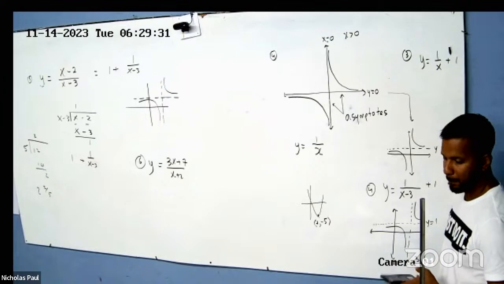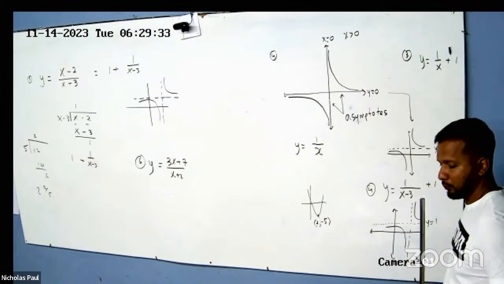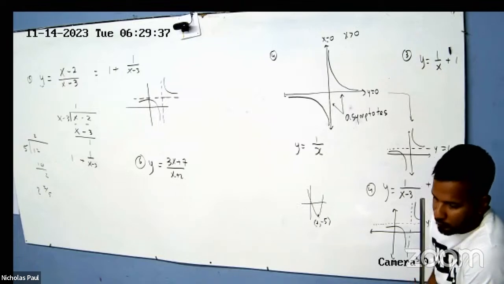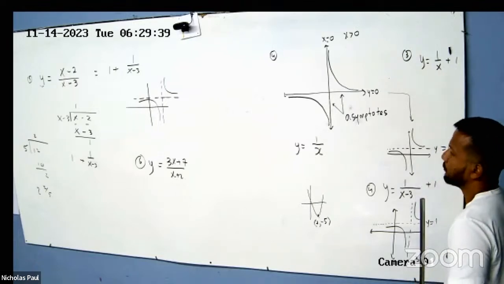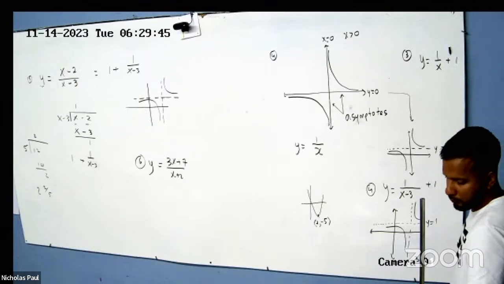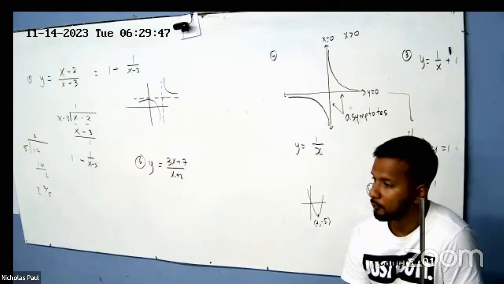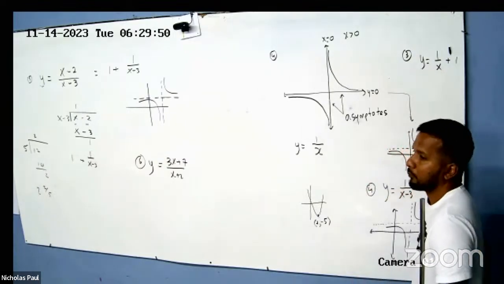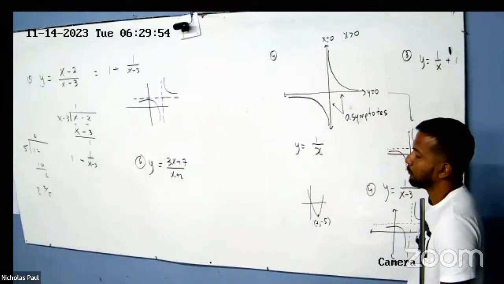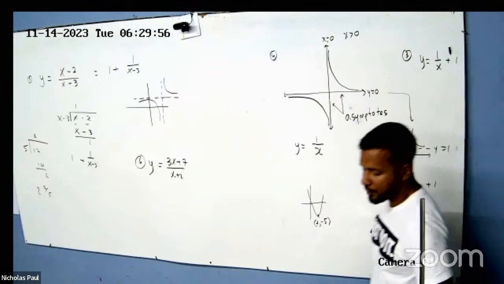I get 1 over x plus 2. Alright, catch it quick and we're done.